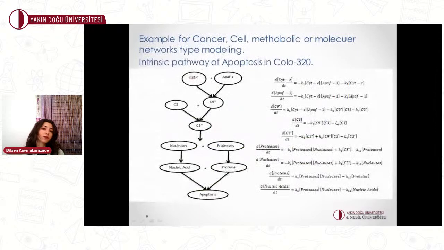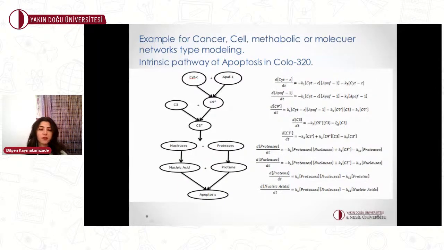And after this kind of model, we can talk about another type. The structure of the modeling is the same, but it seems a bit different from disease illnesses: cancer or cell type modeling.